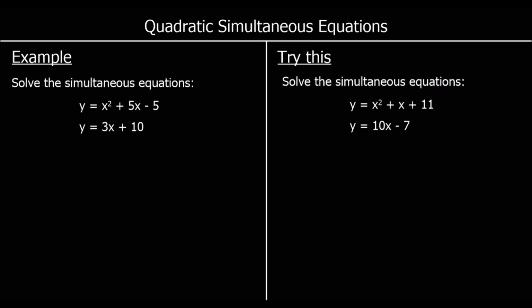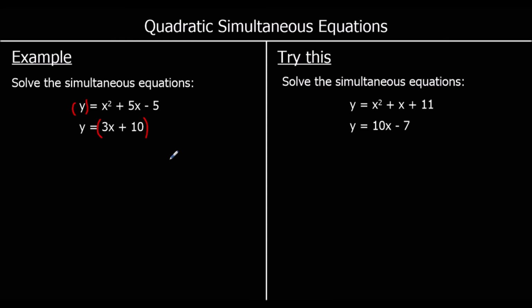So in our second equation, our linear equation, it's already in the form y equals. So y is already the subject, so we can take what y is equal to and substitute it in for y in our quadratic equation.